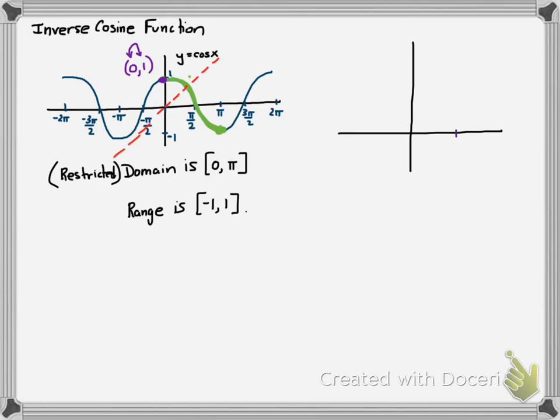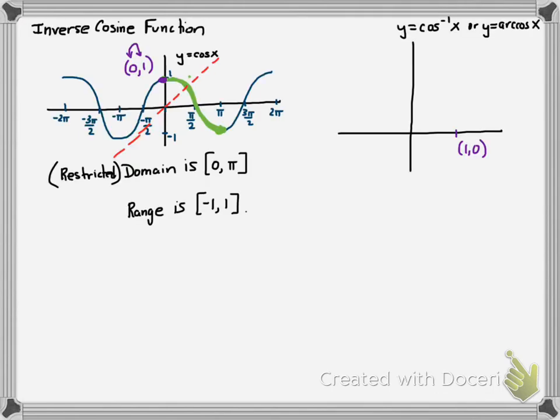So here is the point 1, 0 on what will become y equals inverse cosine of x, or y equals arc cosine of x.